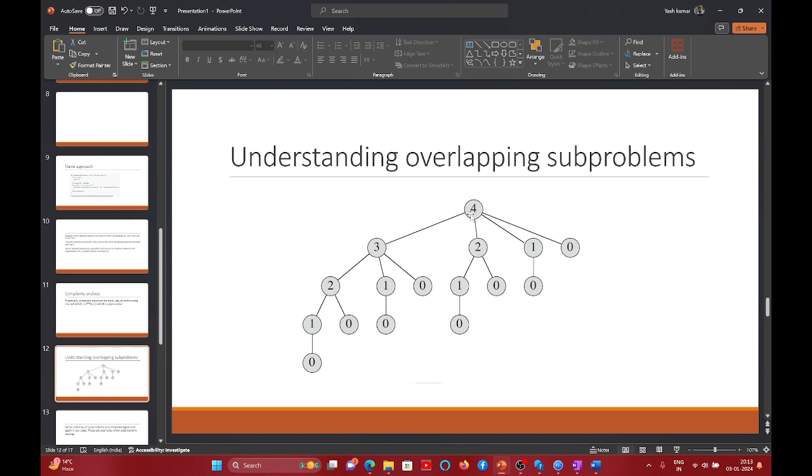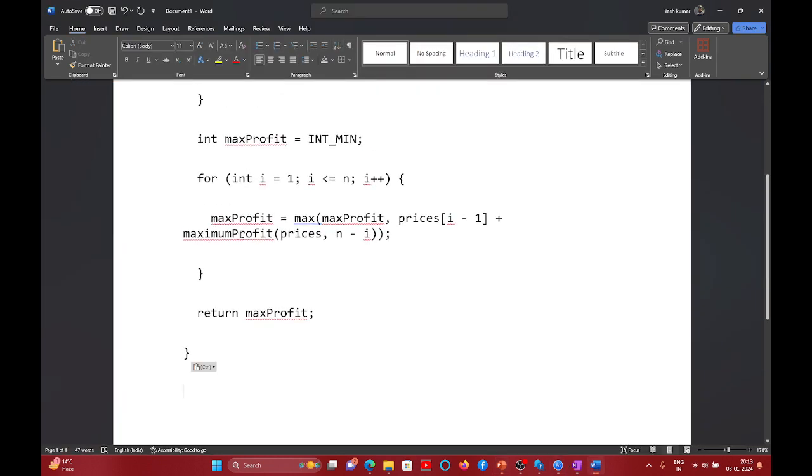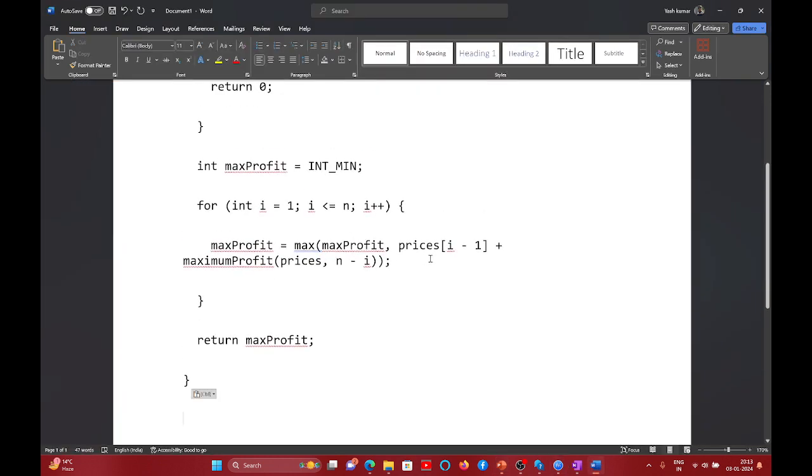We will call that function for 3, for 2, for 1, for 0. Here we are calling this recursively for the rod of length n minus i. This is a recursive function. If you understand recurrences and recursion, you would get this.